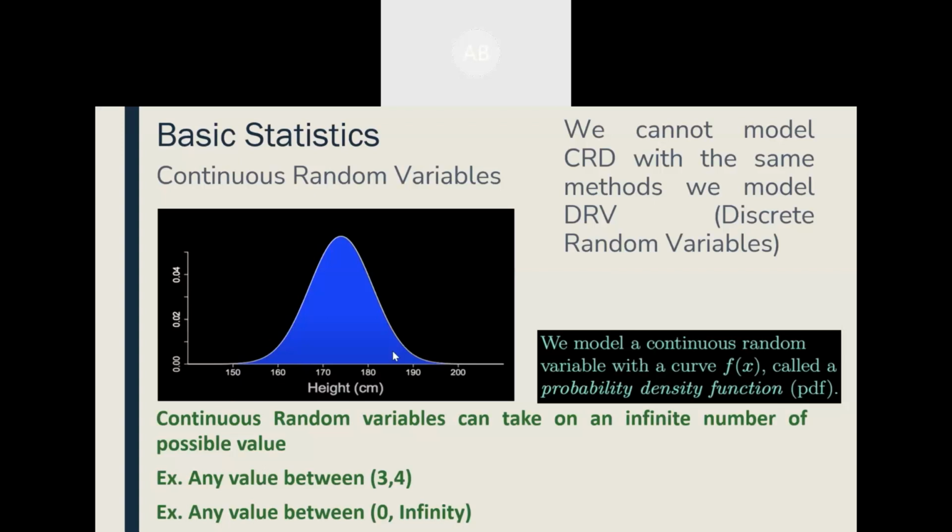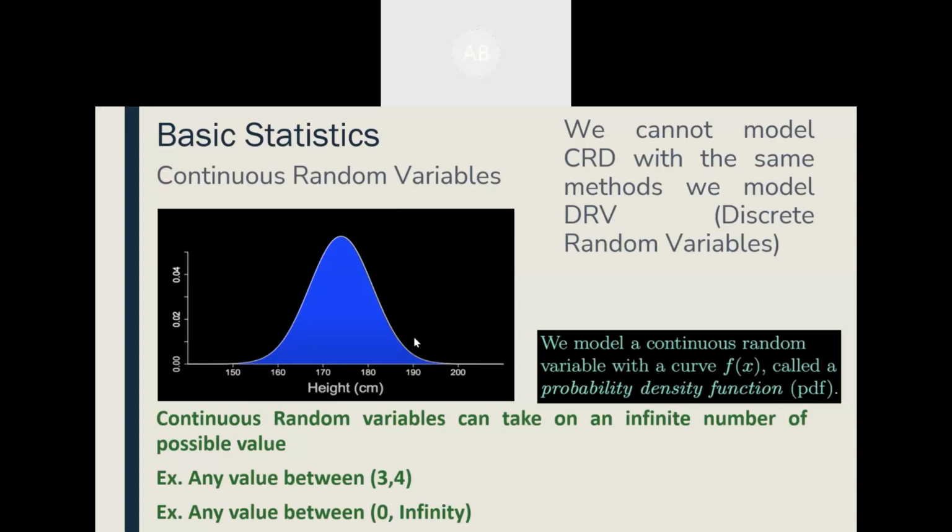So in that case, we have variables which are not discrete. We cannot say that we will get only 150 or only 160 or 170. No, we will get a value that lies in the interval of 150 to 200. So any possible value may occur.